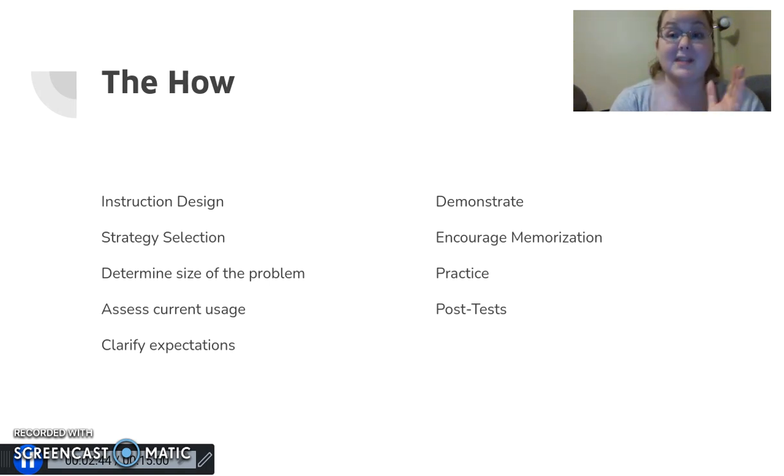And when it comes to selecting strategies, you can get on the internet and find a million out there. So look for ones that are brief, no more than 8 steps, and those steps need to be very verb focused.